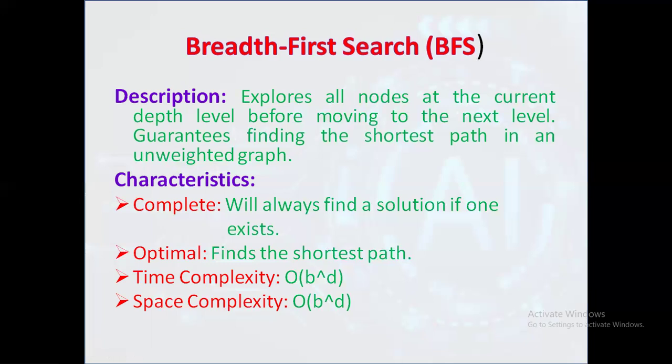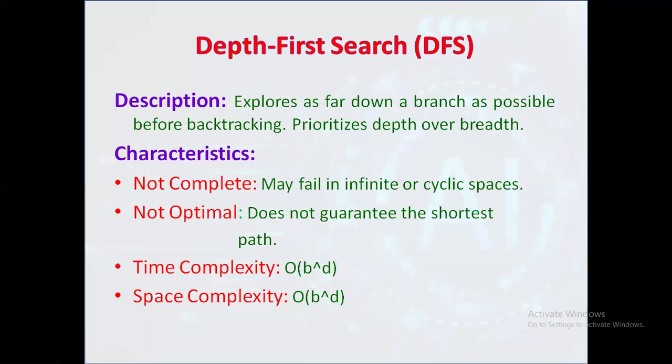Next search under the uninformed search is the depth first search. We are calling this DFS. Depth first search, DFS, is a search algorithm that explores as far down a branch as possible before backtracking. It prioritizes depth over breadth, meaning it goes deeper into the search space before exploring other branches.